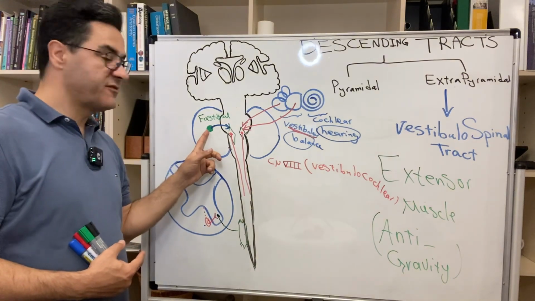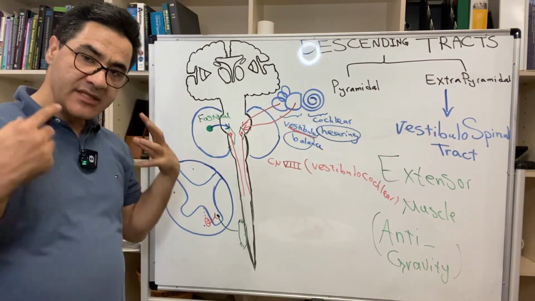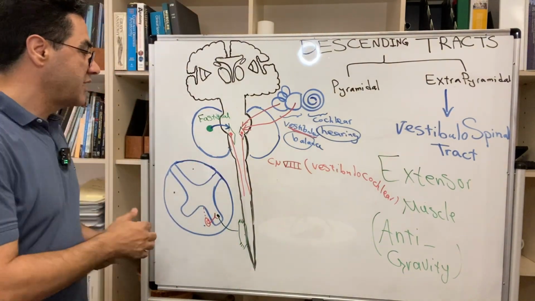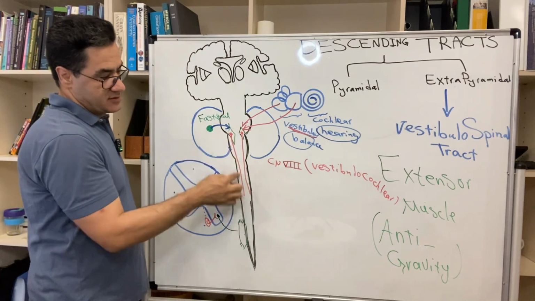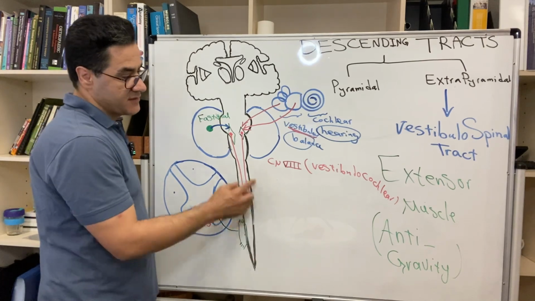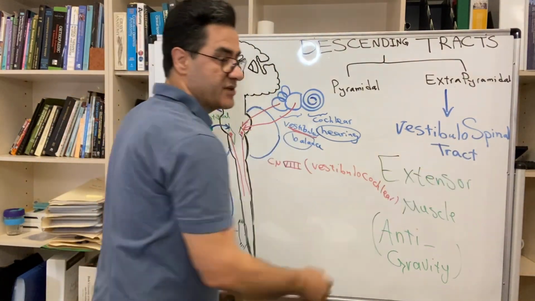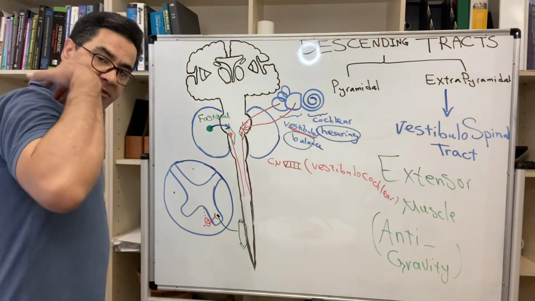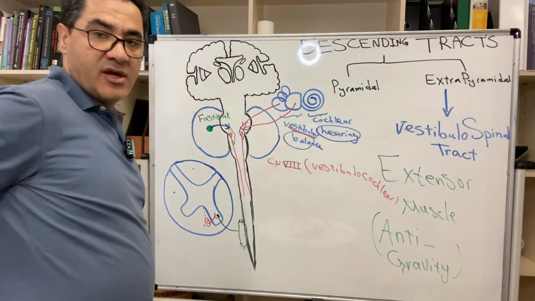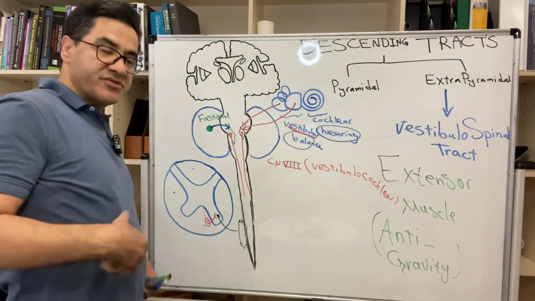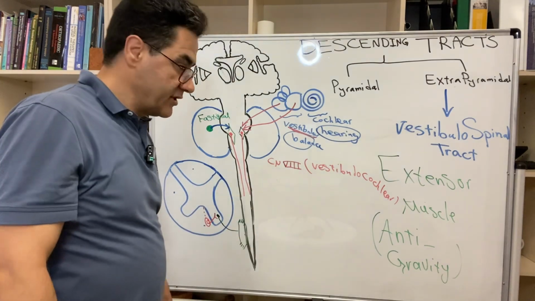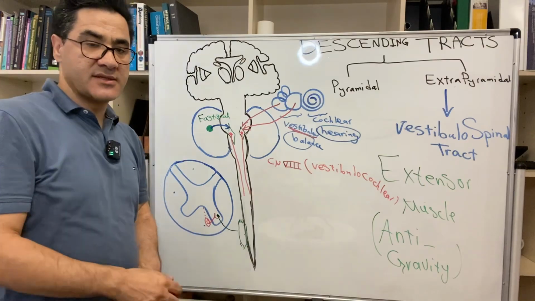The other is coming from the fastigial nucleus of the cerebellum, related to the unconscious proprioception of the rest of the body. And then it sends the information down to the spinal cord and finally to the muscles through the vestibulospinal tract, and extends the muscles of the head and neck, contracts the extensor muscles around the vertebral column, and contracts the extensor muscles of the upper and lower limb, and finally takes your balance.